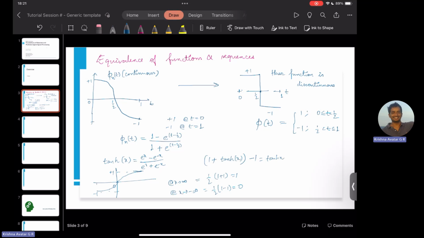So it seems that we can construct it in a way that you can have tanh of x minus half, that would center everything at x equal to half, and then it varies from there to there. So we can just have something like this, since it's mimicking everything as n tends to infinity.